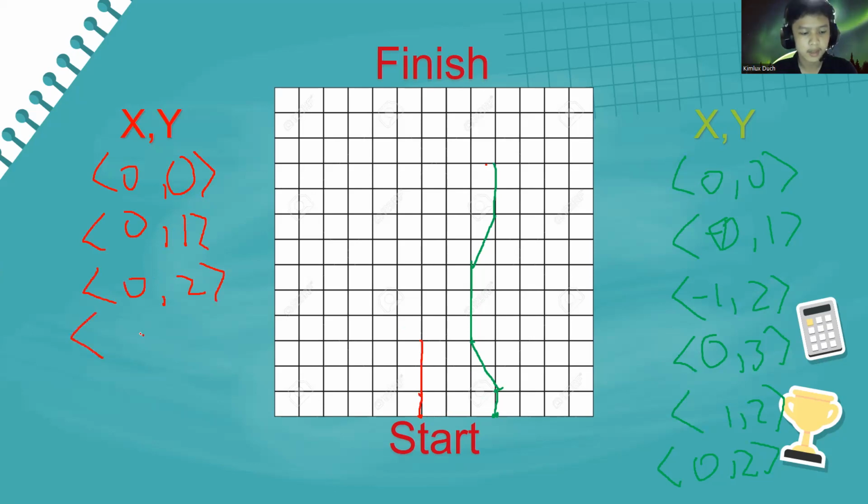Next move is 1, 2. And then his next move is also 1, 2 again. And then his fifth move is 0, 2. So 1, 2, 3, 4, 5.